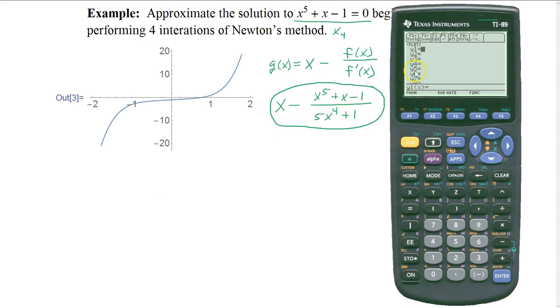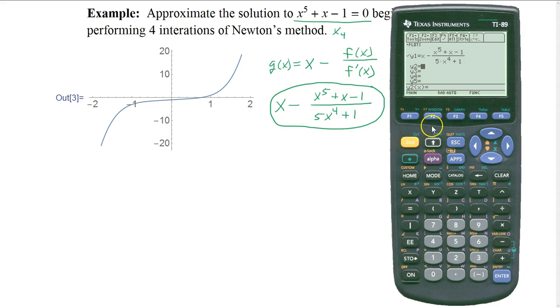We want to enter this function in for y1, so we'll type in x minus x to the fifth plus x minus 1, and then hit enter. And there our function is entered into y1. I'll show you how to do this on a TI-83 in a few minutes as well. Let's just do this on the 89 first.